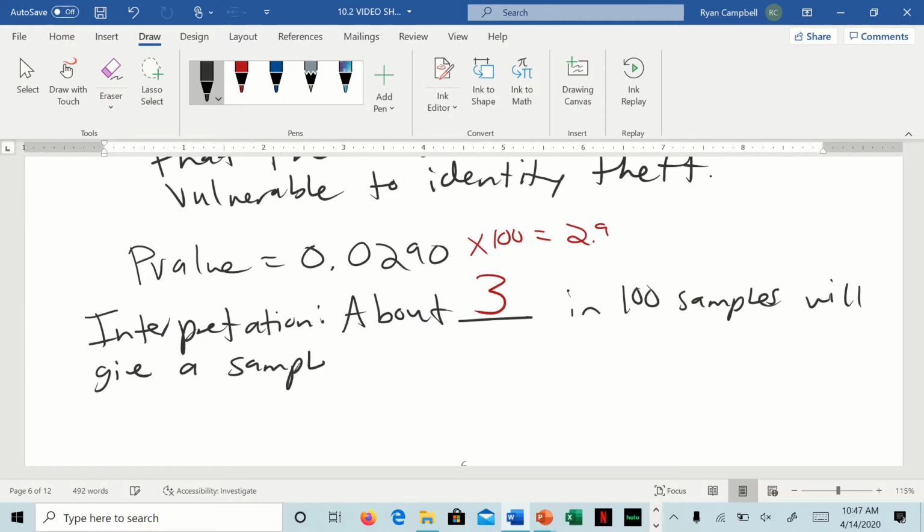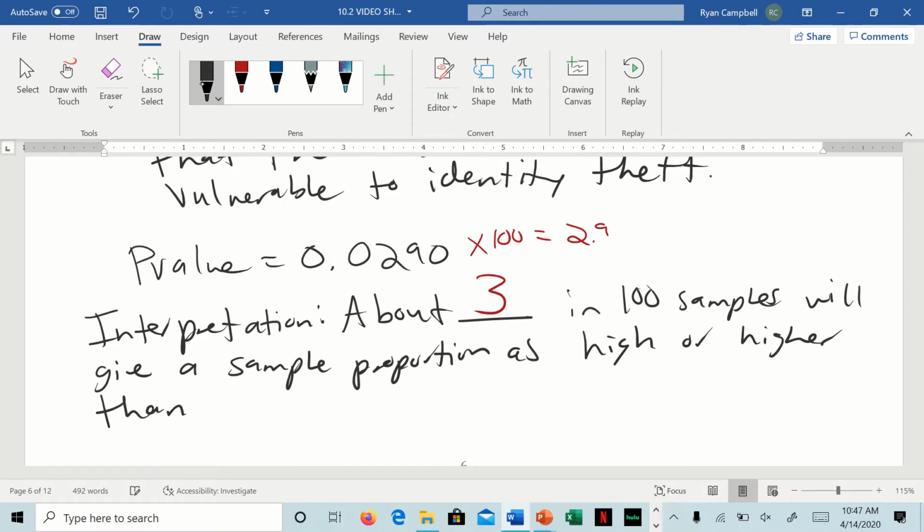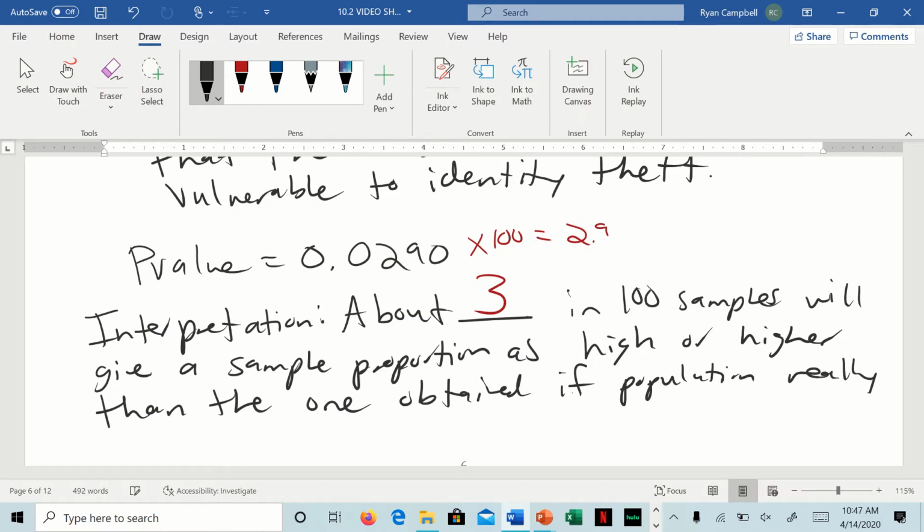a sample proportion as high or higher than the one obtained if the population really is 0.5.